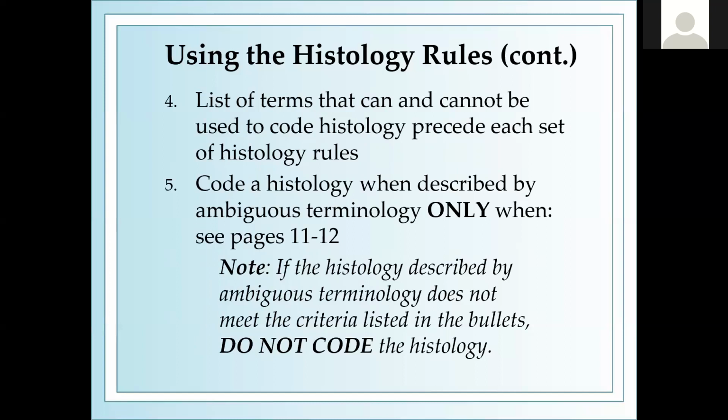And when I say ambiguous terms for histology, there is a list of ambiguous terms in the solid tumor rules. Okay, so that's what they're referring to when they talk about ambiguous terminology.